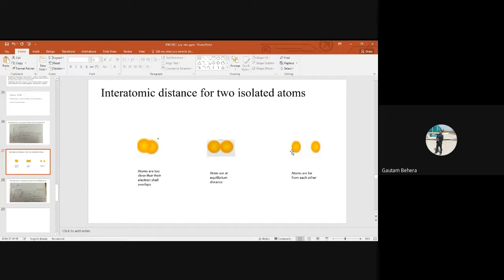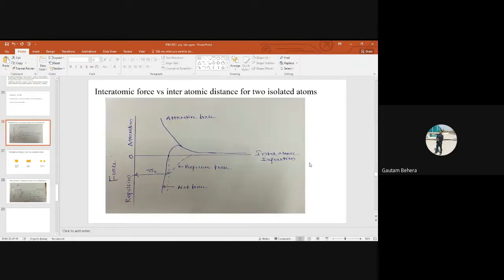One force is attractive and the other force is repulsive. Initially, the two atoms are far away from one another, right? But the moment they approach one another, attractive force will start acting on them. You can see here the attractive force is increasing because the distance between the two atoms is decreasing, right?